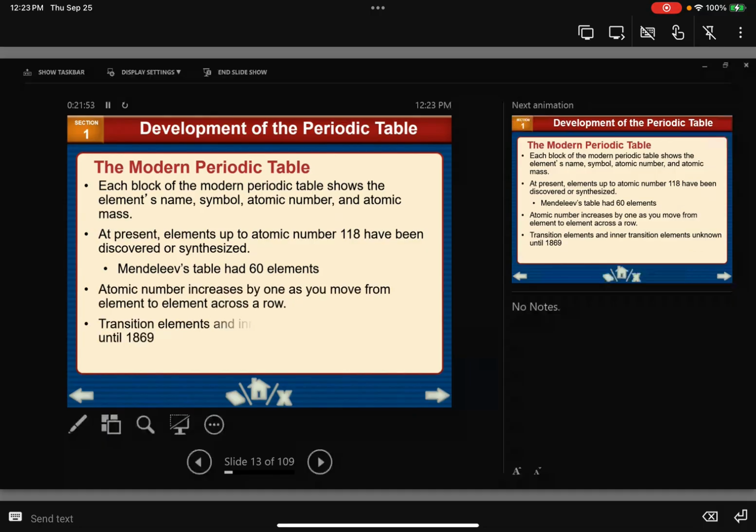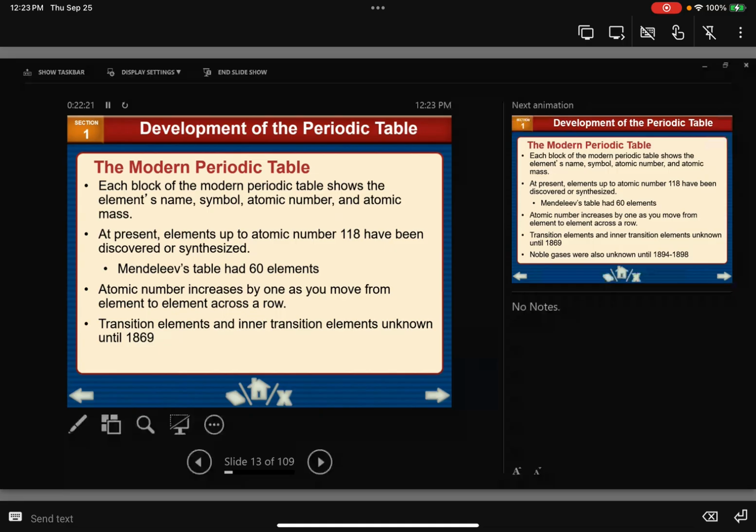And the atomic number will increase by 1 as you move from element to element. If you read from left to right on the periodic table and then move down a row and continue reading left to right, okay, it will increase by 1. The atomic number increases by 1, which tells us the number of protons that an element has. Number of protons gives the identity of an element.